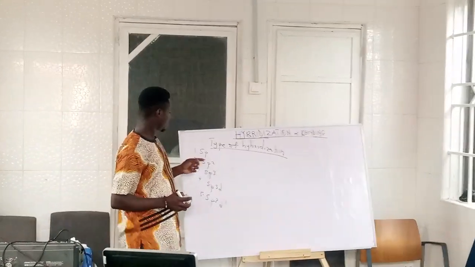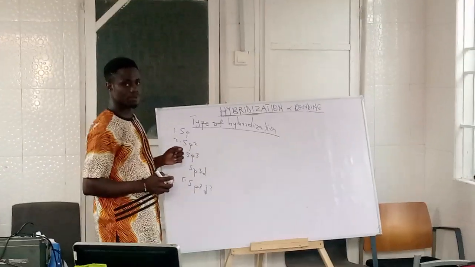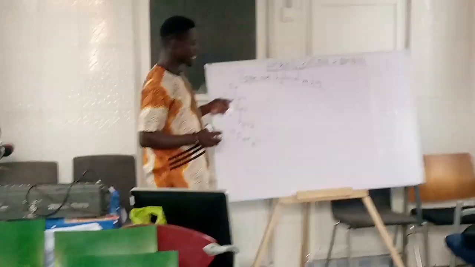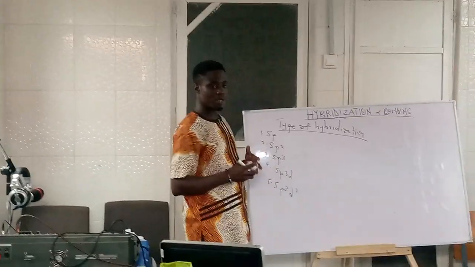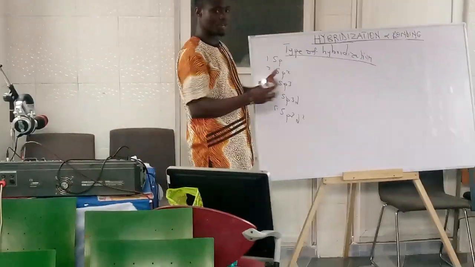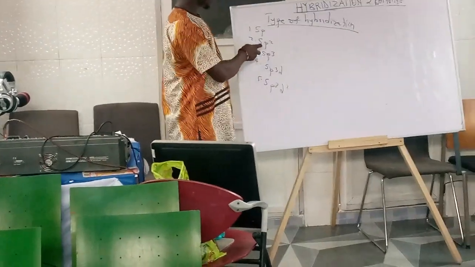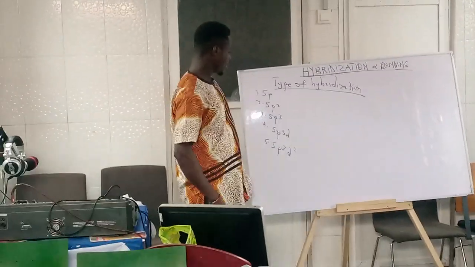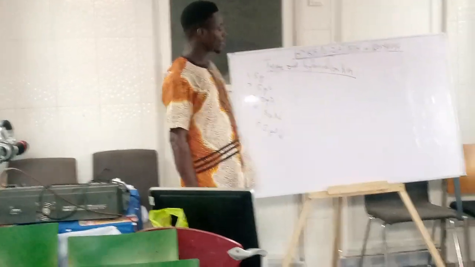For sp2, we said that this type of hybridization is formed as a result of mixing an s orbital with two p orbitals, so we have three new hybrid orbitals formed. The shape of sp2 hybridization is trigonal planar.